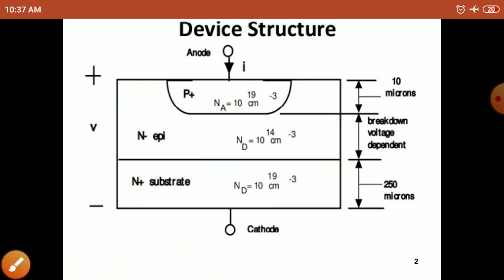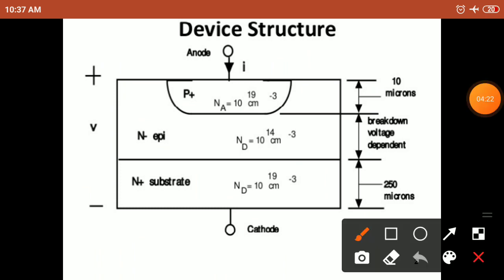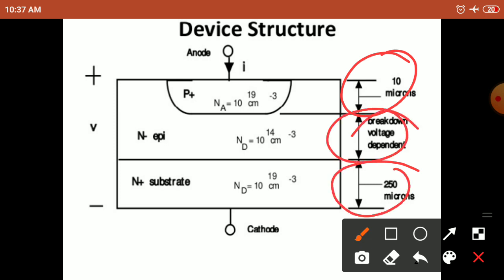This is the device structure of power diodes: 10 microns, 250 microns, and this depends upon the breakdown voltage.